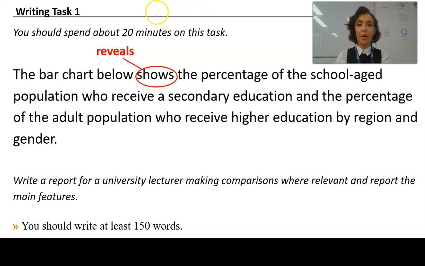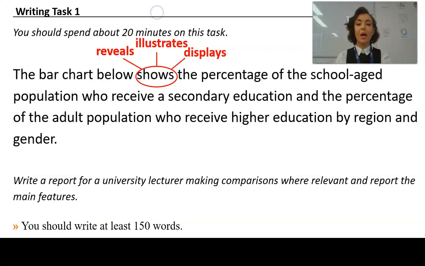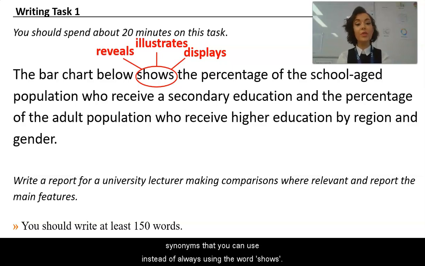We could also use the synonym illustrates because it shows it as a diagram or as a picture. Another option would be displays. So these are always some good synonyms that you can use instead of always using the word shows.